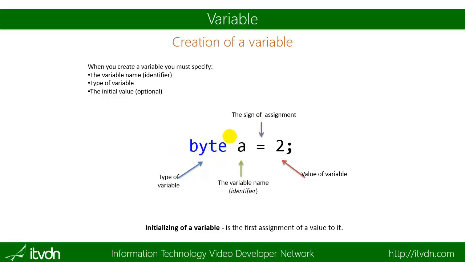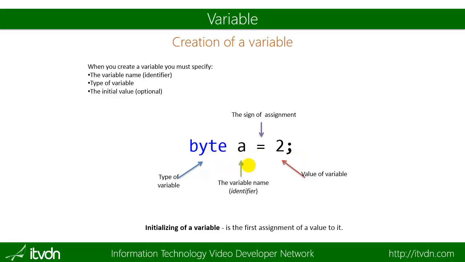And you need to name your variable. This is called the identifier. And then you need to assign a value to your variable. You assign a value using the assignment sign. So, now we have a variable created.